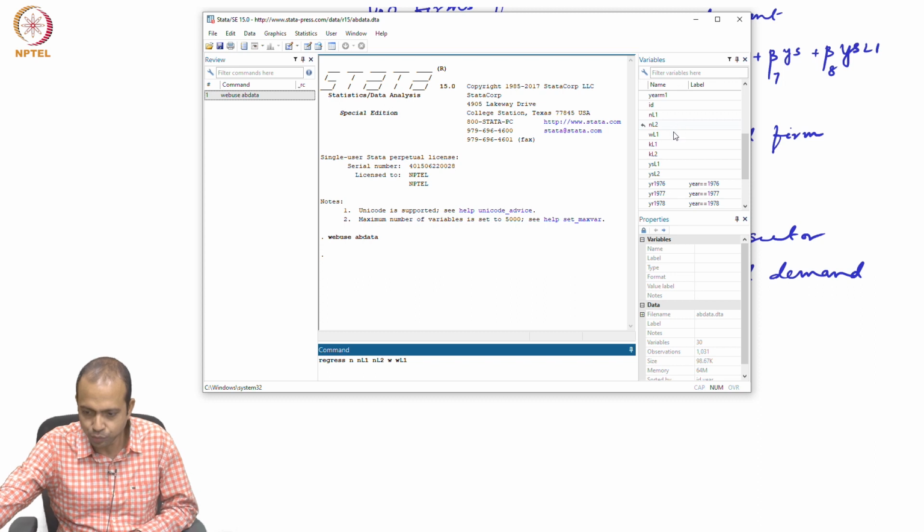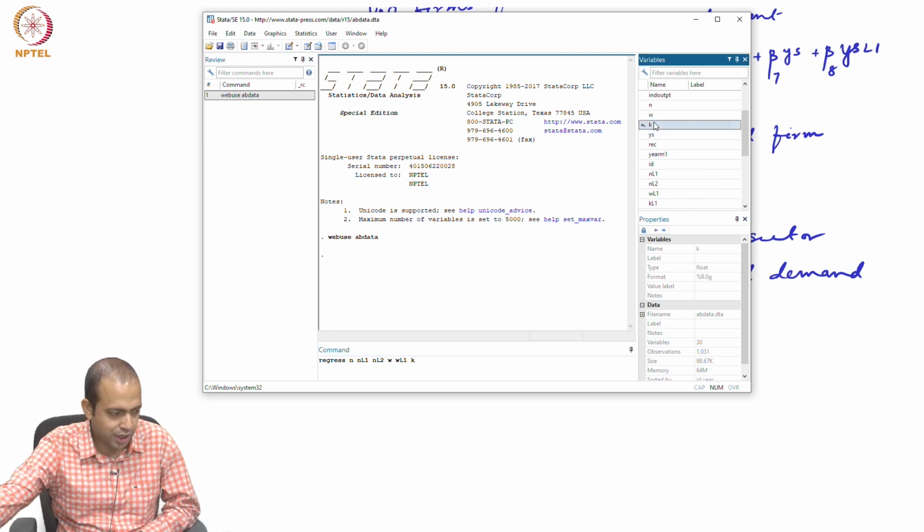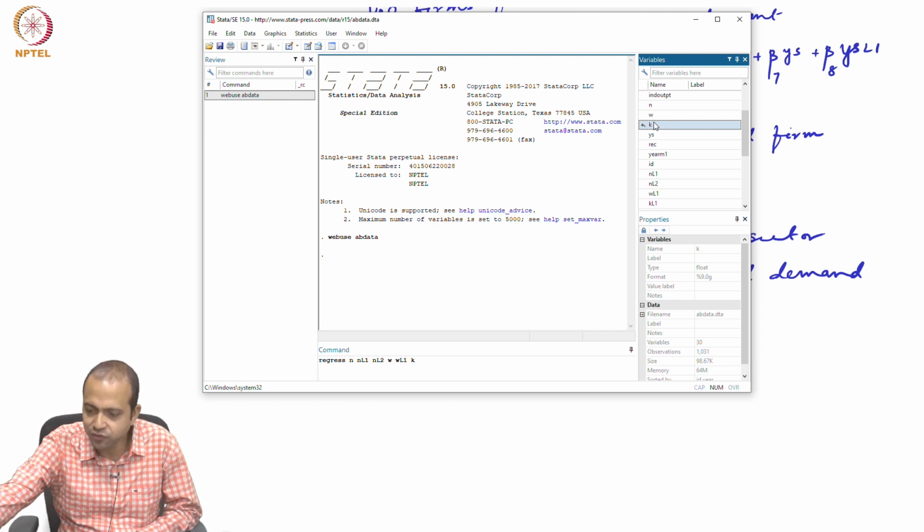So, W L1, and then I will take capital. Capital is denoted by small k, and where is my k? K is here. Okay, I have taken capital, then first lag of capital, and then I will also take second lag of capital.